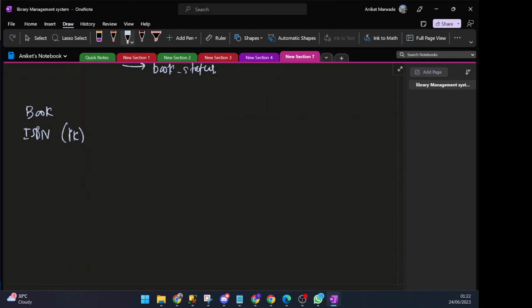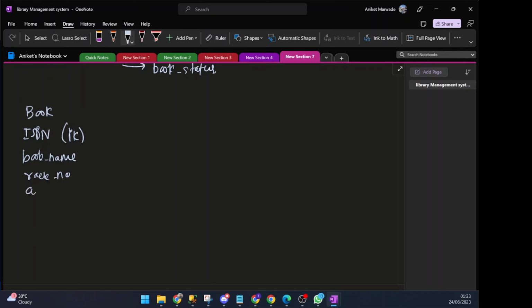And now we will have the name of the book, which we consider as book name. We'll have rack number, since there will be multiple racks in the library, so in which rack the books are stored we need to mention that.